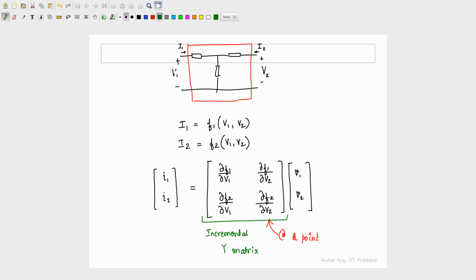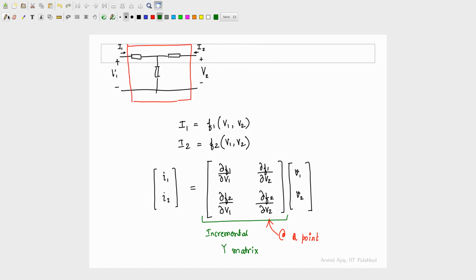Now, given that, if you can calculate this Y matrix, you can go and find out what the value of the resistors should be, right? So here, for example, it is a T kind of connection. So you can work out what the Y parameters of this kind of T connection are going to be if they were all linear, and you compare one to one, and you will be able to find what the values of the resistors should be, right?